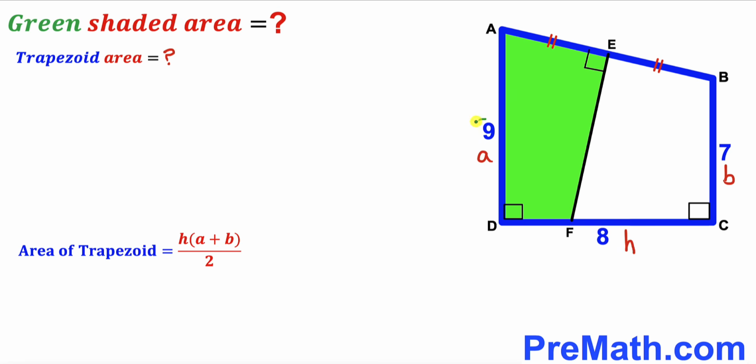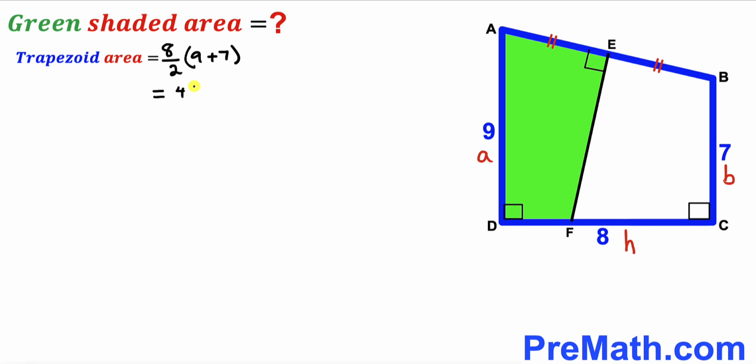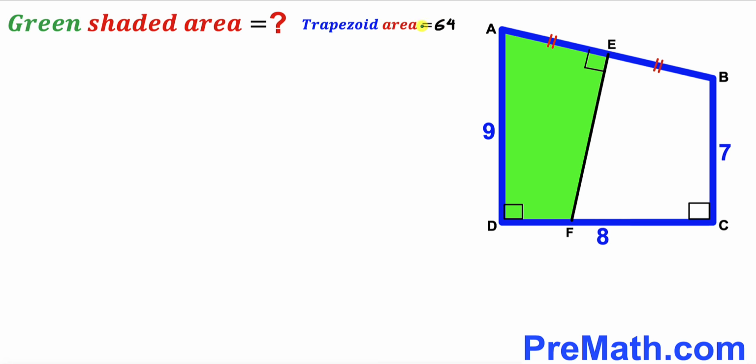In our case, base a is 9, base b is 7, and the height h is 8. So this trapezoid area is 8 divided by 2 times 9 plus 7. Let's simplify. That gives us 4 times 16 equals 64. Thus the area of this trapezoid turns out to be 64.